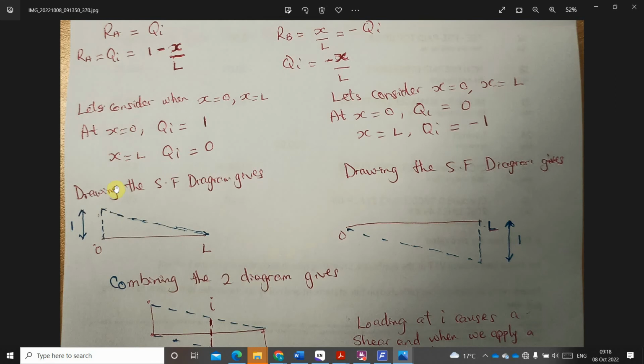This is the normal diagram we are supposed to have for the influence line for the reaction at A for this particular case.